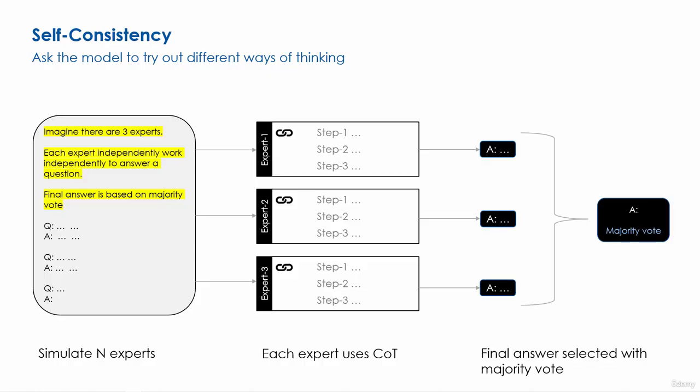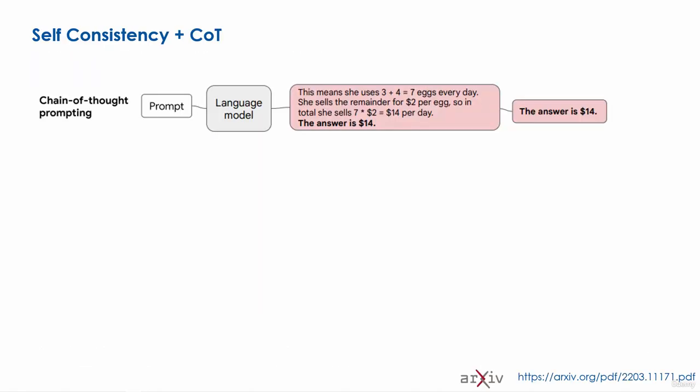Now, keep in mind the number of experts specified in the prompt will have a direct correlation with the performance, as the model will have to do more work to achieve the desired results. What you see here is a typical chain of thought prompt that leads to an answer. The model generates the response by generating tokens that have the highest probability. This mechanism is referred to as greedy decoding.